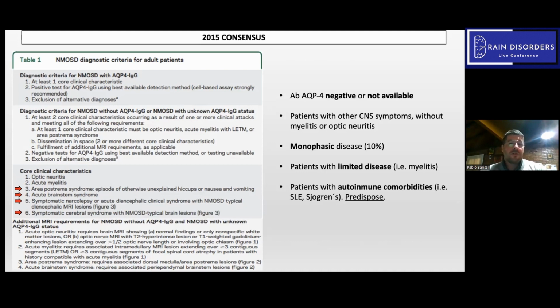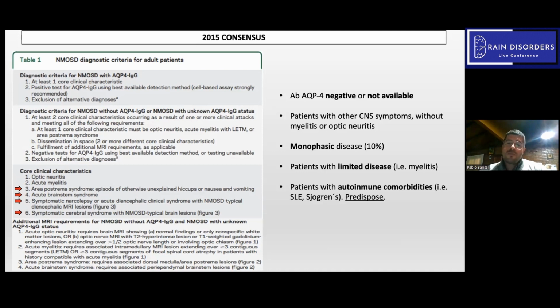It is not necessary to have AQP-4 positive, because there are only a few laboratories that have the necessary equipment for testing AQP-4. So in 2015, they said that if we had an MRI and clinical symptomatology, and AQP-4 was negative or not available, we could make the diagnosis as well.